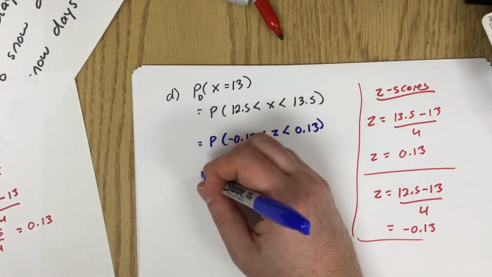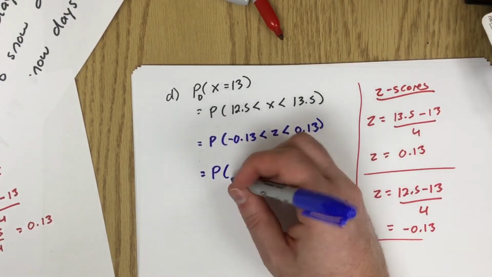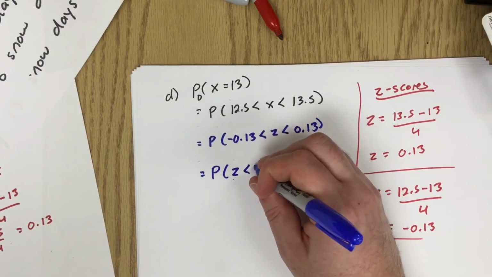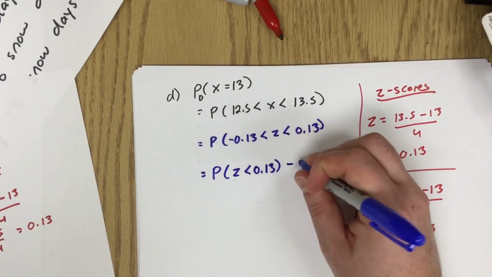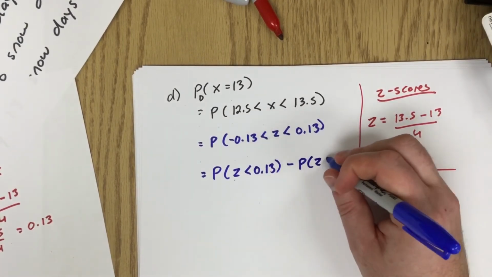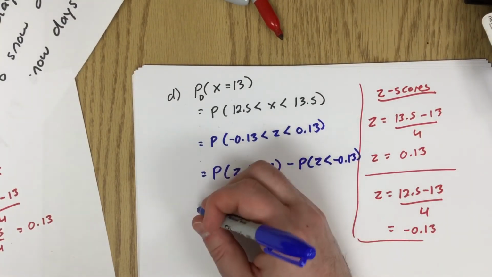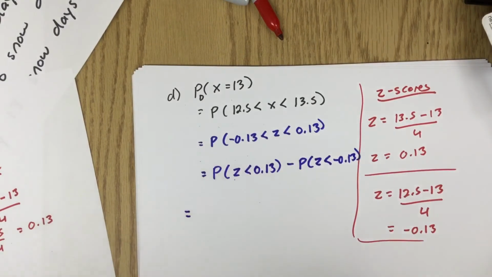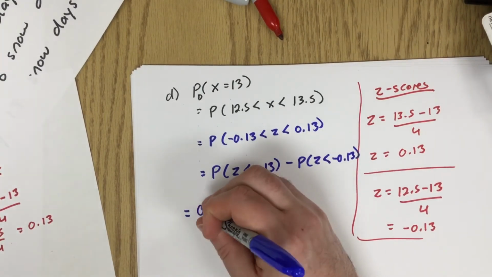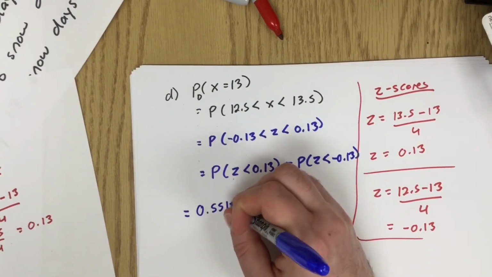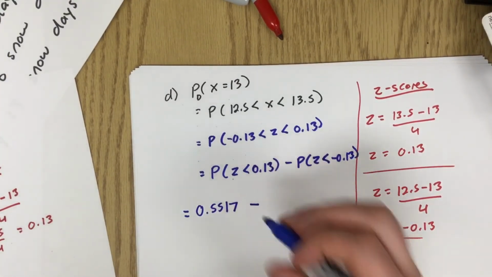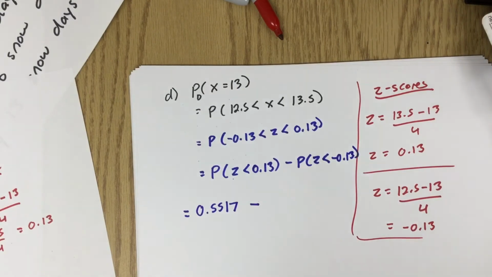And the way we do in-betweeners again is we do the probability that it's less than the top one minus the probability that it's less than the bottom one. And the probability that it's less than 0.13 is going to be 0.5517. Okay, I'm just going off of A there.